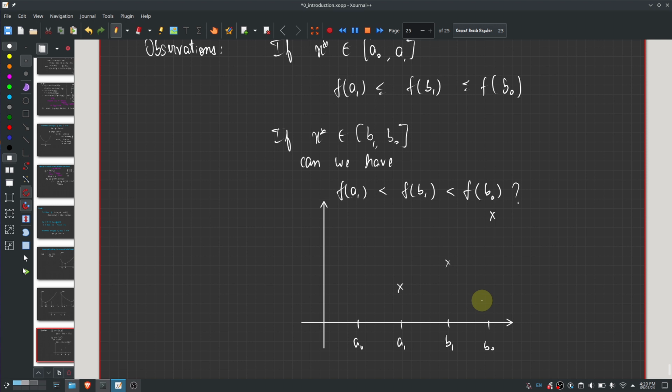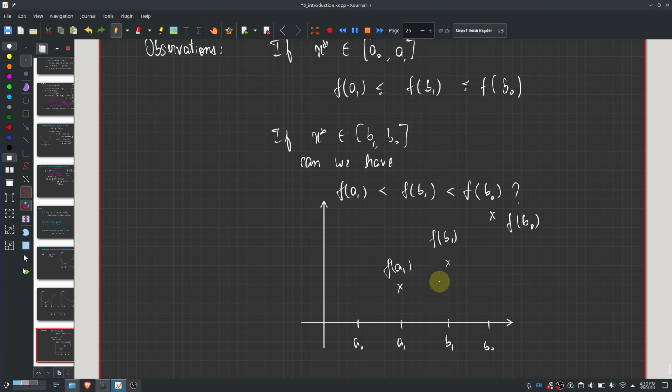Firstly, is the question clear? So I have a convex function, okay, and I'm evaluating this at 4 points: A0, A1, B1 and B0, and they are ordered in this particular fashion. Let's just take these 3 points, f of A1, f of B1 and f of B0.